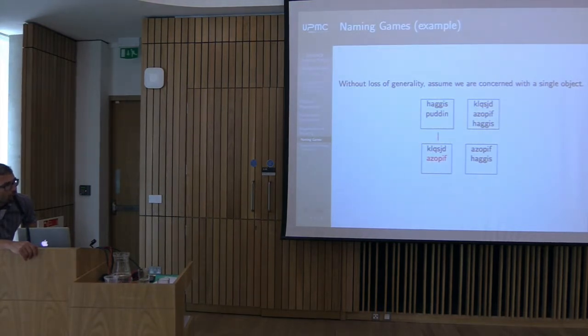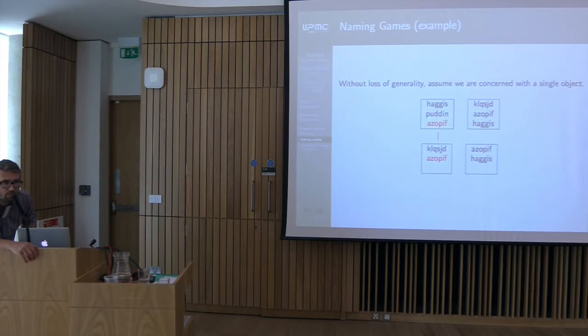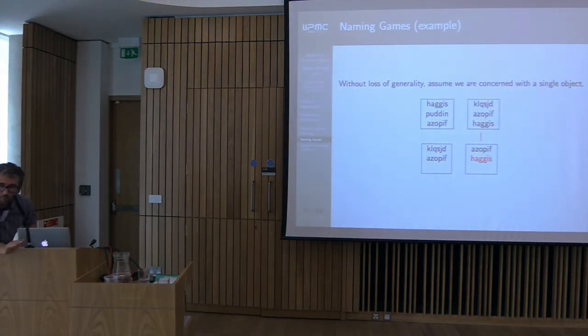This one picks azopif and communicates it to the other. Agent 1 doesn't know azopif, so he adds azopif to his inventory. Then this one picks haggis. The hearer sees that haggis is in her inventory, so they both delete all the terms except haggis. So we just get to this.